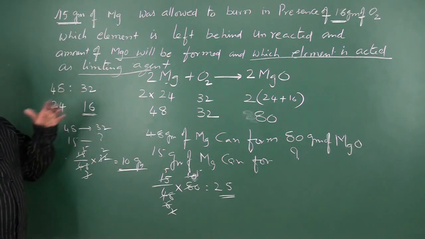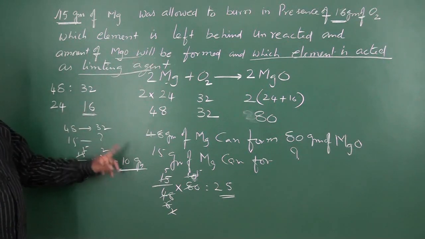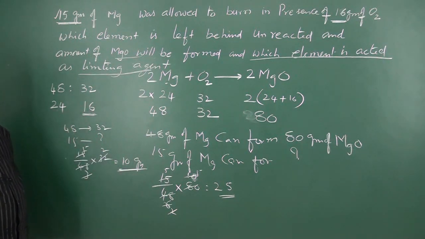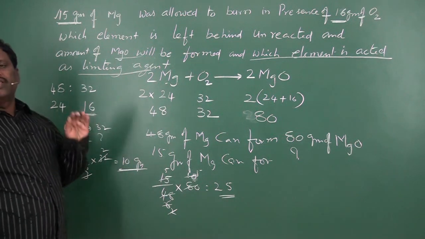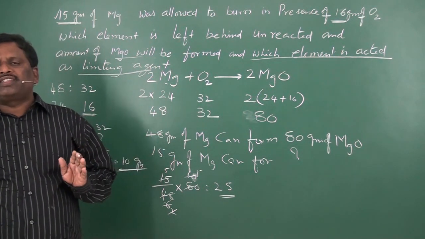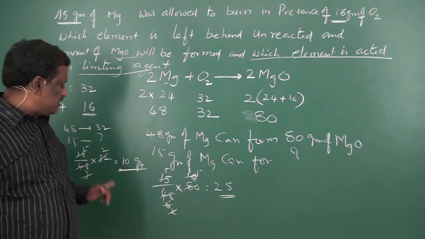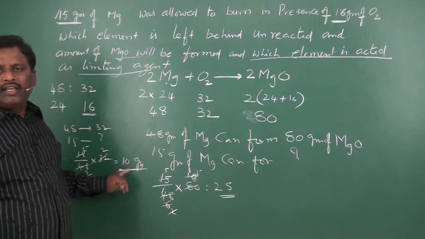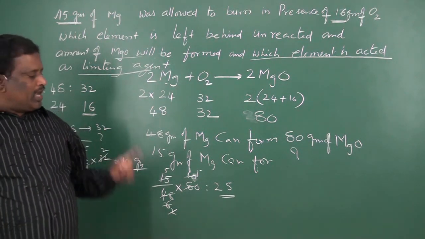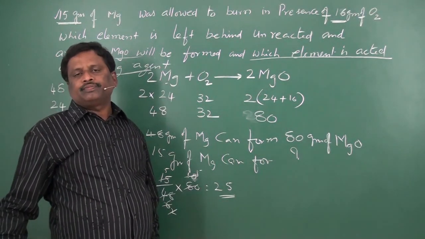So the element left behind is oxygen, and its mass is 16 minus 10, that is 6 grams. So 6 grams of oxygen is left behind unreacted. Magnesium acts as a limiting agent. The amount of oxygen left behind is 16 minus 10, that is 6 grams. The amount of MgO formed will be 25 grams.